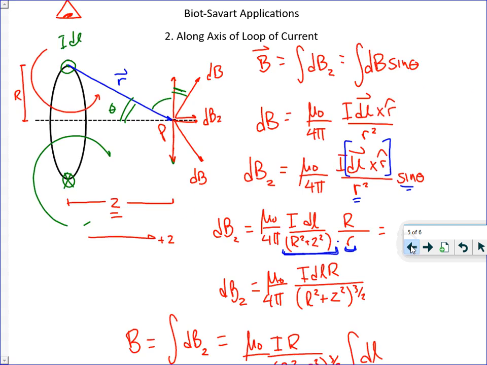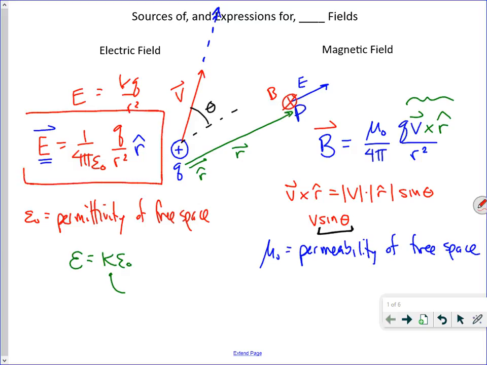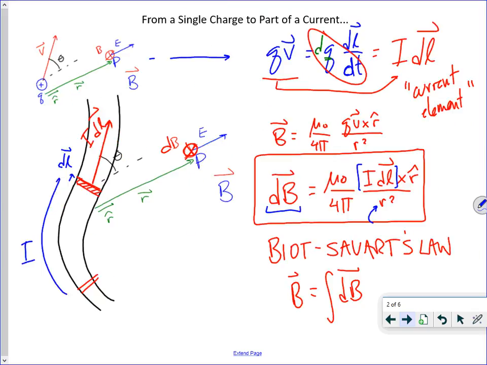We have a way to analogize, which I'm a big fan of doing. Anyone who knows me, love my analogies. We have a way to analogize electric fields made by charges, whether they're moving or not, and magnetic fields made by charges that we require to move. We look at individual sections of the current, and we identify what we call the current element.